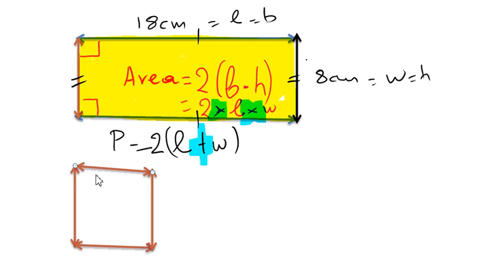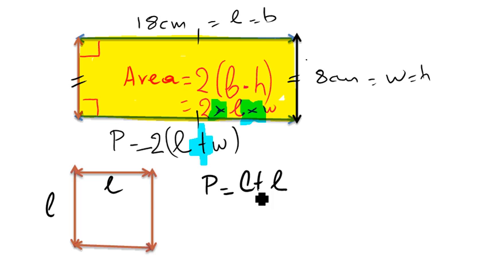So the perimeter of this shape, which we know has length L, is L plus L plus L plus L, whatever this length is.